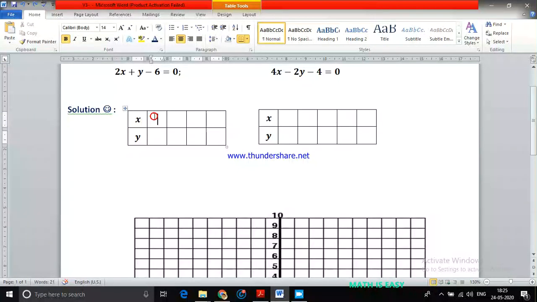For example, if I take x as 0, what will be the value of y?